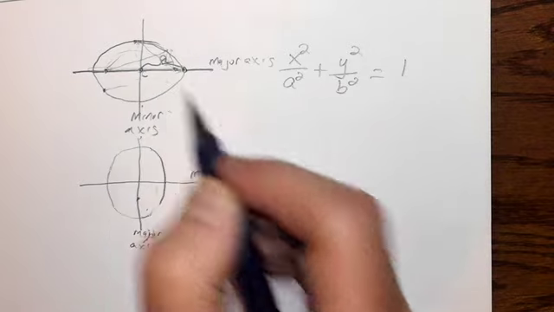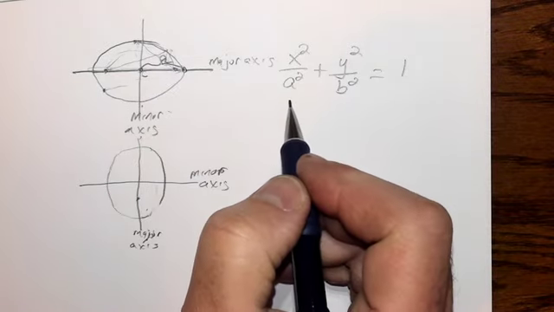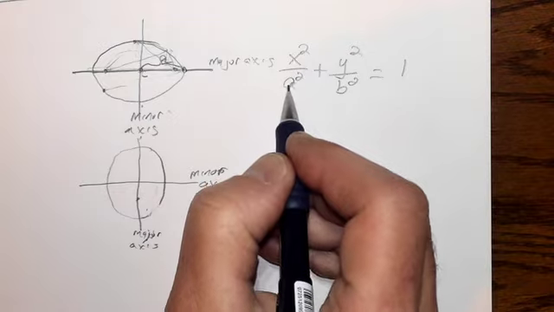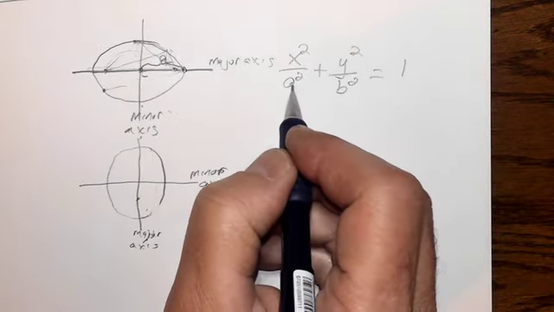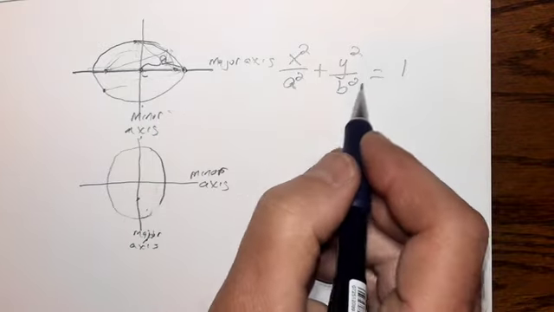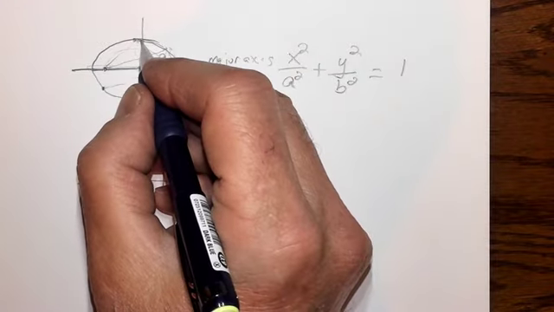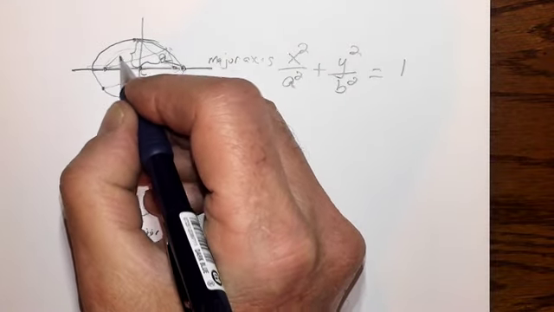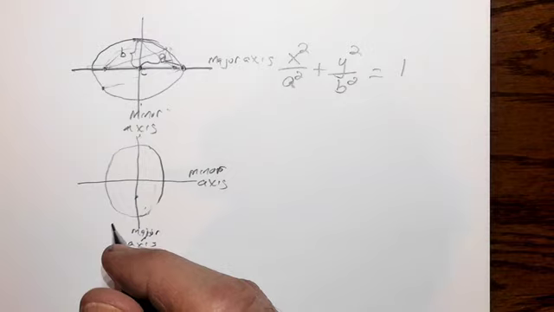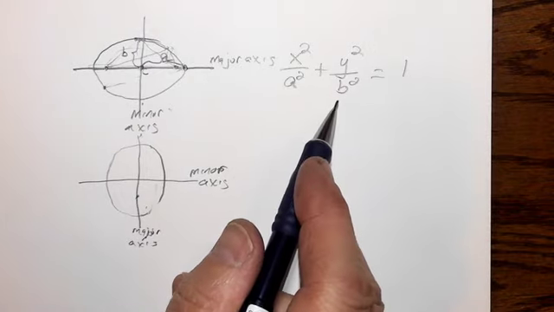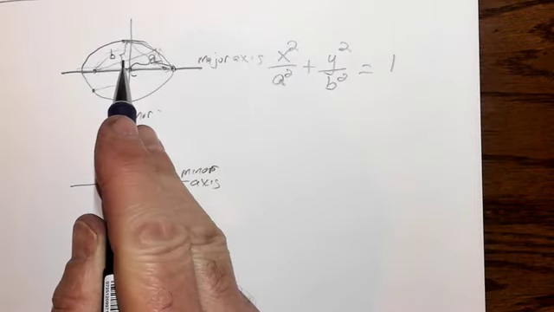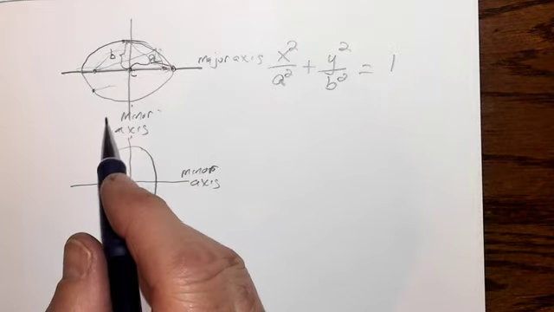That's a right there, not a squared. This is the square of it. So to find what a is, we have to take the square root of that. b is the distance along the minor axis, so b is this distance right here. So we take the square root of that, and that finds us what that length is right there.